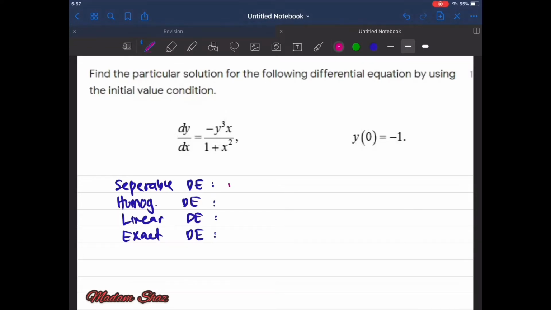Separable differential equation means that we can separate the variables.